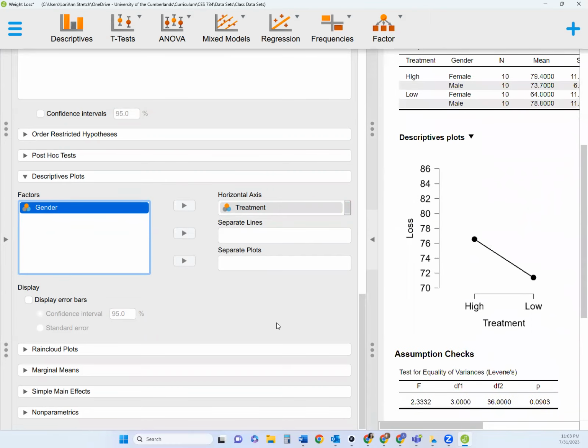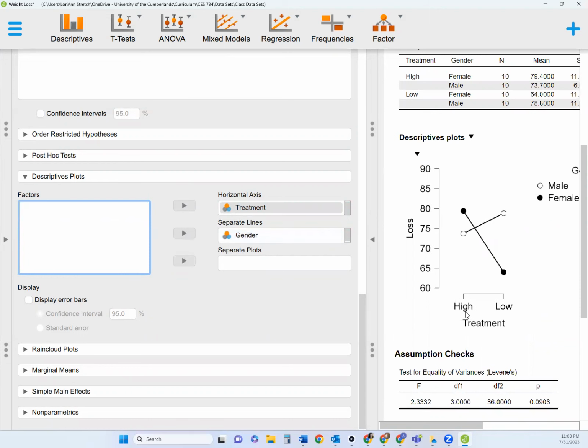Calculated, there it is. So this is my treatment. And now I'm going to also put on separate lines the gender. So now you can see, here's my high impact. I have my male here and my female here. For my low impact, I have my female here and my male here. So it's kind of helpful. I can see both of them in the same place.